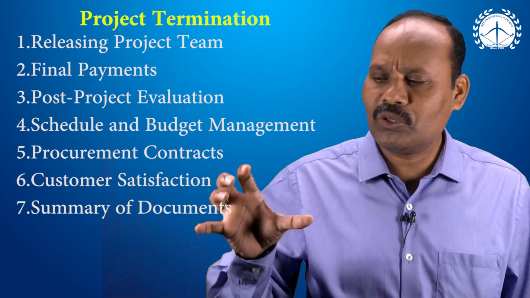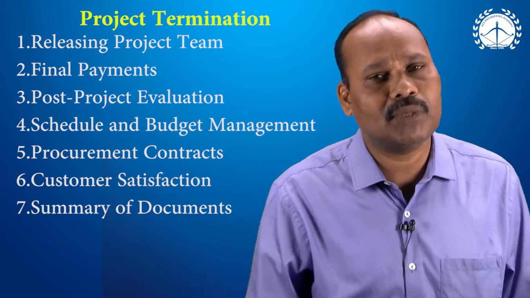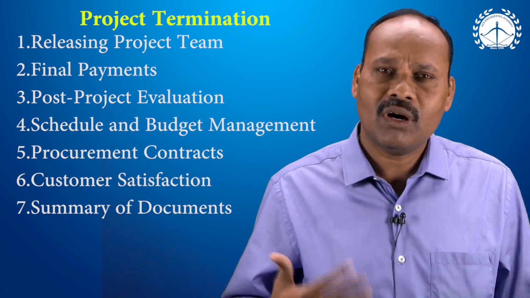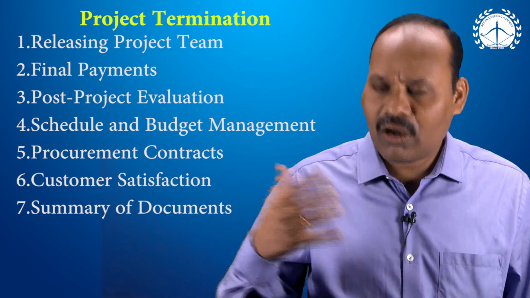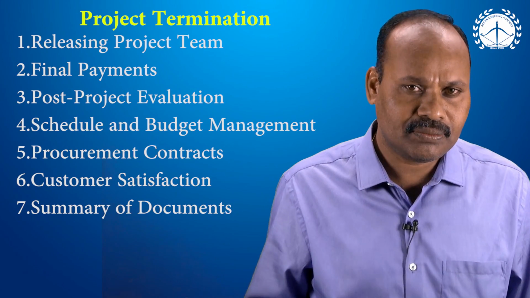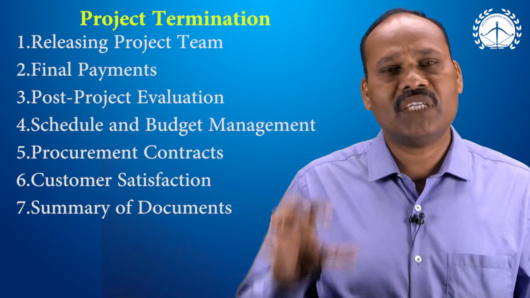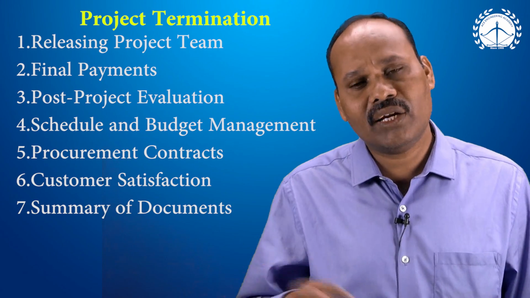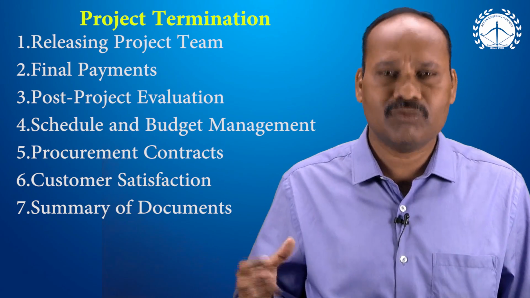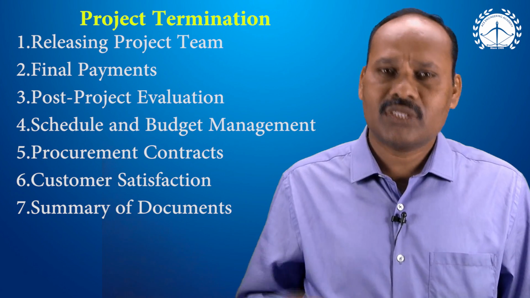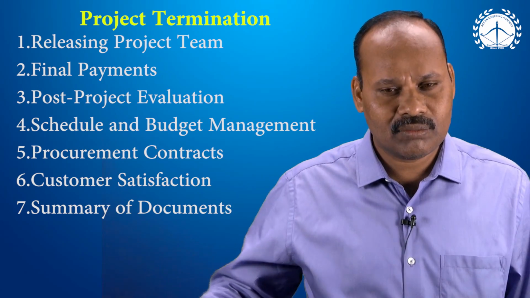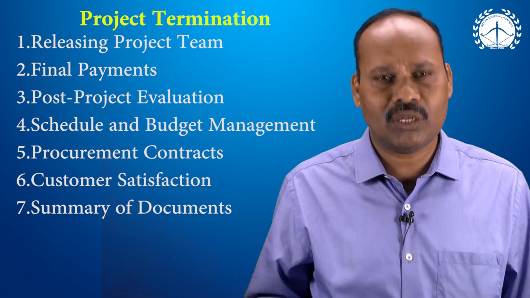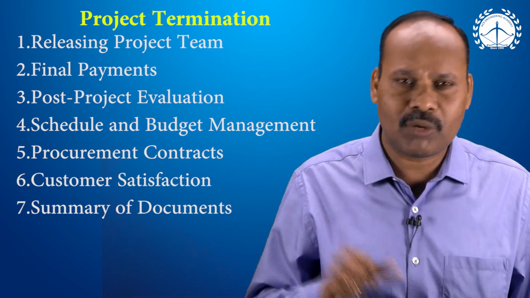Project team duty is only up to the completion of the project. When the project is completed, all people will go to their respective departments and all payments must be completed. And post project evaluation, any kind of maintenance manuals we have to prepare. Schedule and budget management. So far whatever you have done, everything you have to monitor and everything you have to manage in the proper manner.